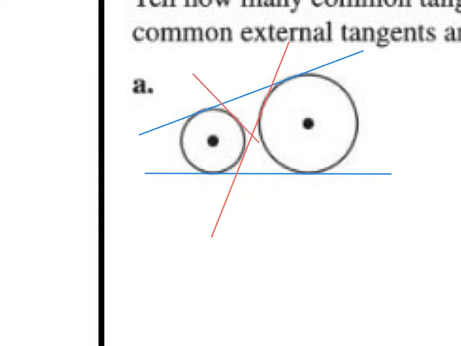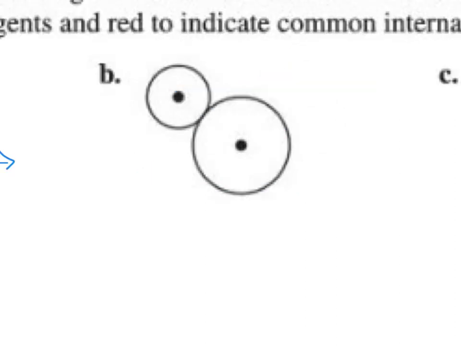And right here. They each still touch the circle once only. And I'm going to go ahead and make these lines. So there are 4 total. How many did you guys get for the second one for B? 3.